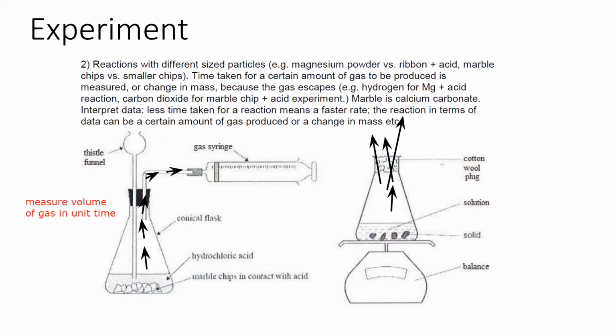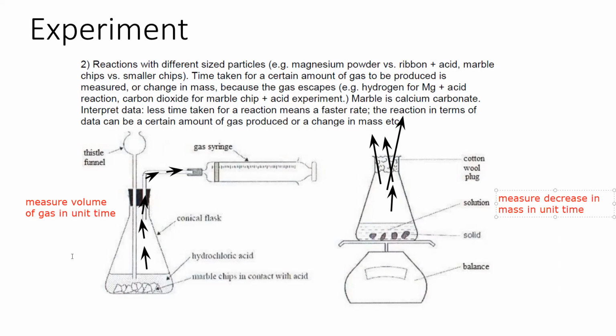So the mass of the content will decrease. How do we measure the rate? We'll measure the change in the mass, the decrease in mass in unit time.